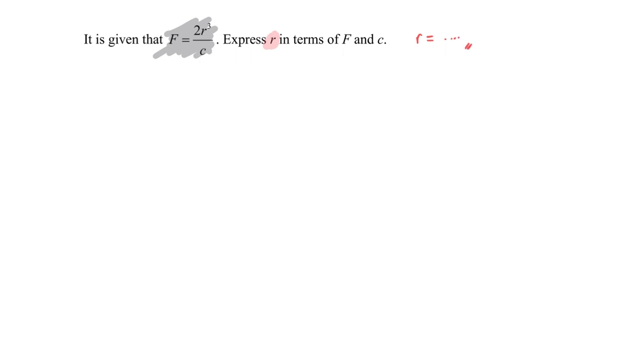Okay, so I'm going to start with the formula, and I'm going to multiply by c throughout the equation, so that I will get fc equals 2r cubed. And since they want r to be on one side, I'm going to divide by 2.